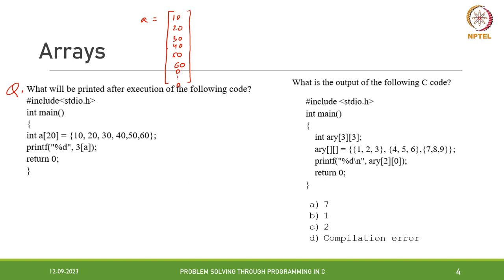Now you're trying to print 3 of A. What exactly does this mean? How does the compiler see this? If I say only A, that refers to the address of the first element of the array.